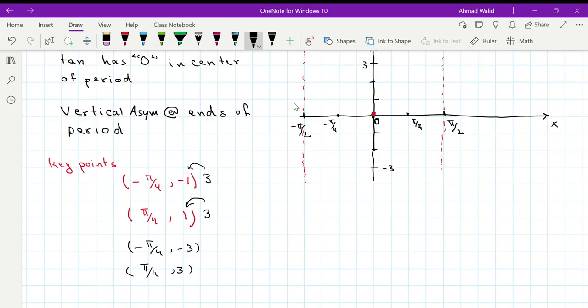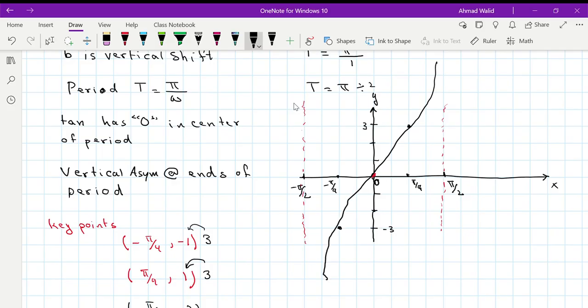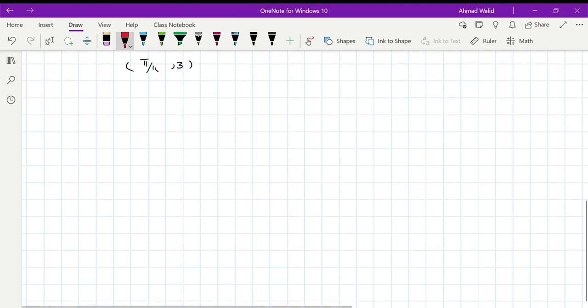Negative pi over 4 and negative 3 is this point, positive pi over 4 and 3 is this point. Now, nicely, you can graph tangent here. That will be the graph of tangent for this example. It goes really close to the vertical asymptote, but never intersects it. Correct? Let's do another example.